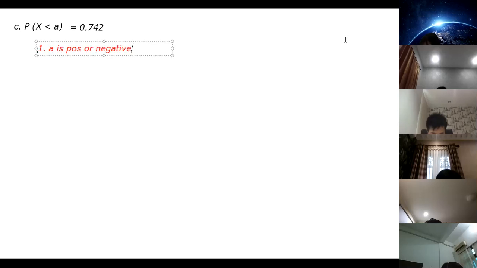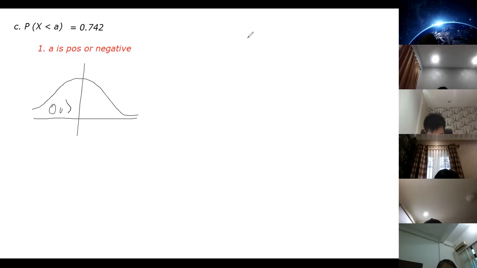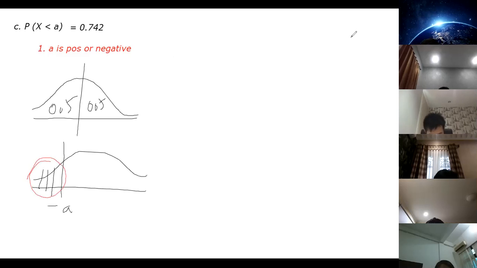And because we just started the discussion, I'm giving a positive value for the a, but you have to think. If you cut the portion into two, again, each of the portions has a weighting of 0.5. So if we think the a is a negative number, then common sense, will this small portion reach 0.742?